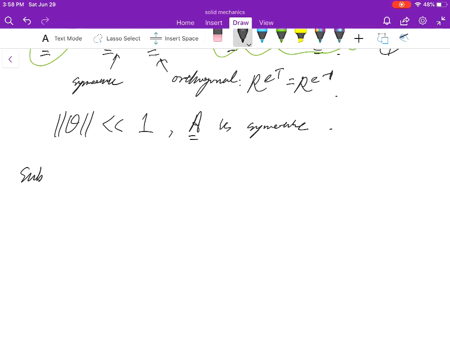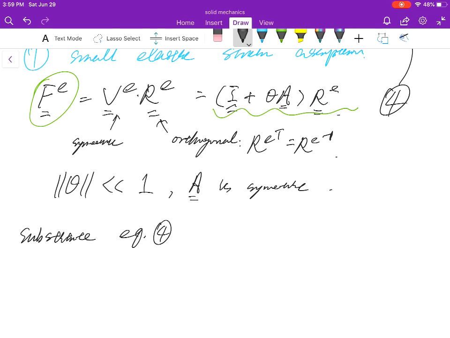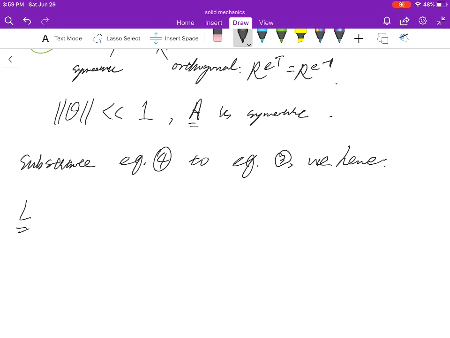So substitute equation 4 into equation 3, what we have is L equal to Le plus this stretch part times rotation.